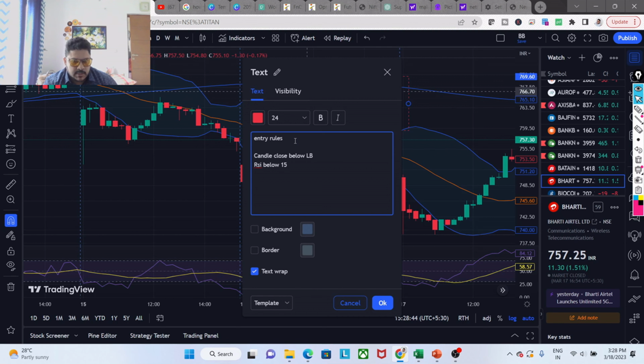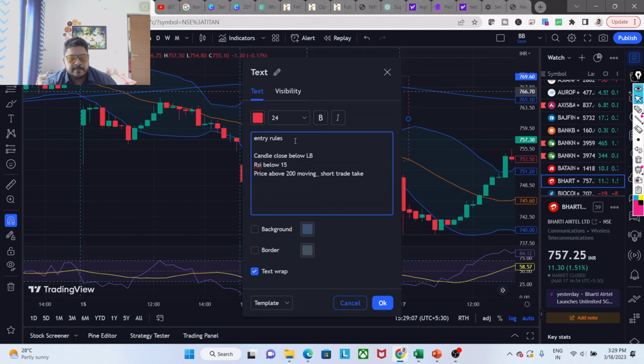15, okay, price above 200 moving average. This is for long term investing, but short trades you can take without using this.